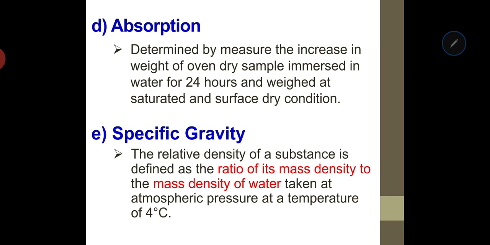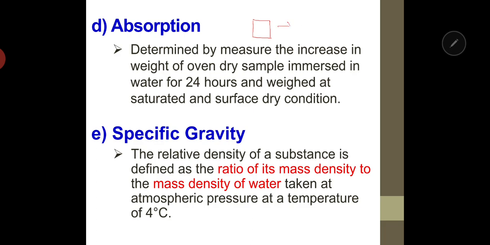So next is the absorption. The absorption is determined by measuring the increase in weight of an oven dry sample immersed in water for 24 hours. So this is your aggregates.